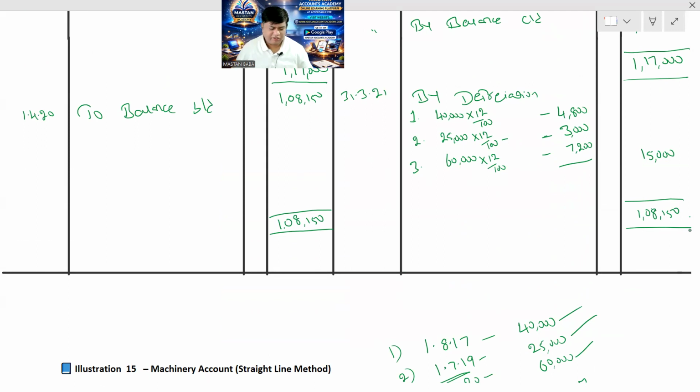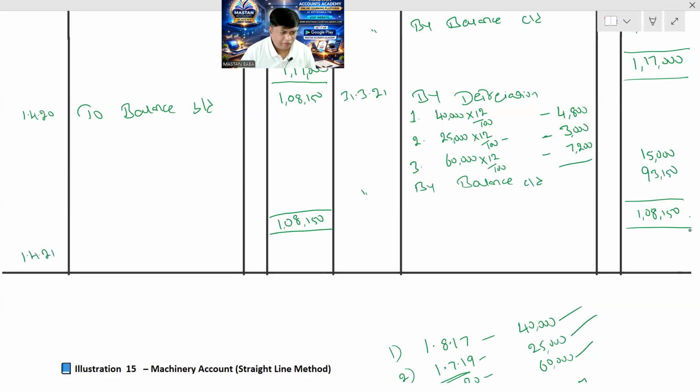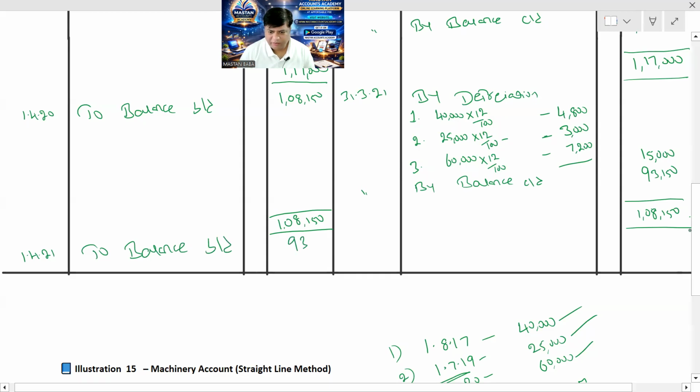Just check it once again. Check it, all of you. By balance carried down 93,150. And finally write the date 1/4/21 to balance brought down 93,150. That's the end of the answer, dear students.